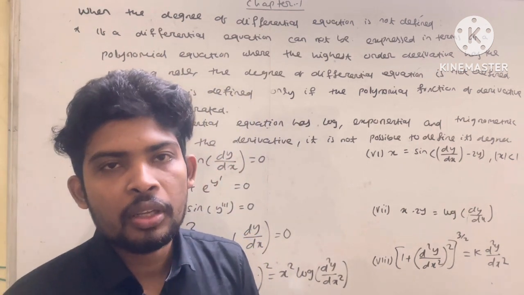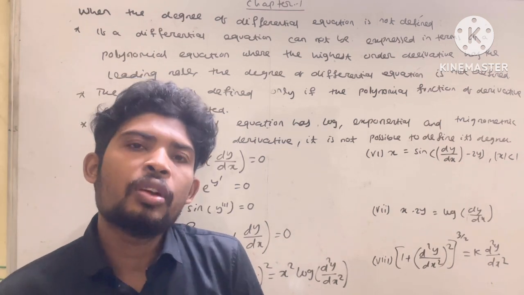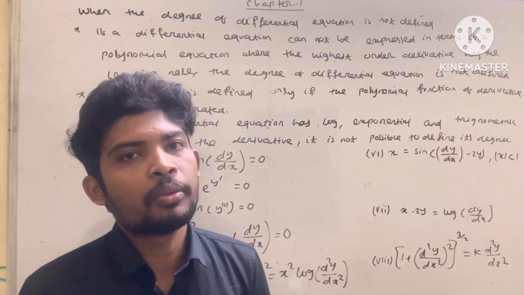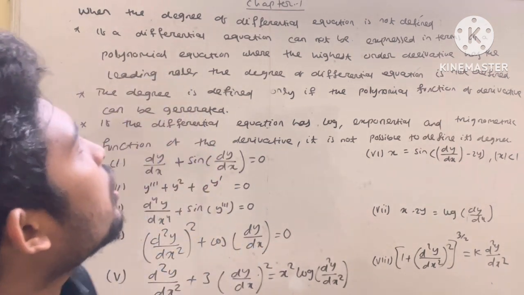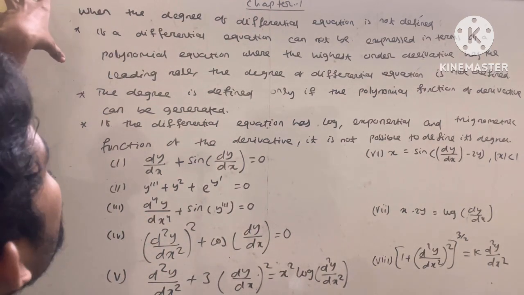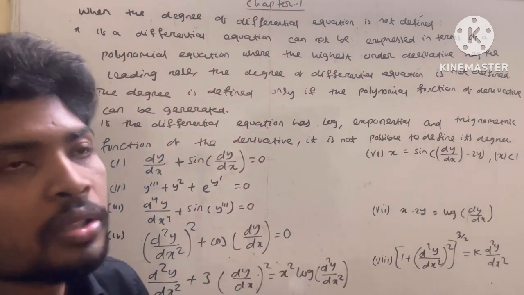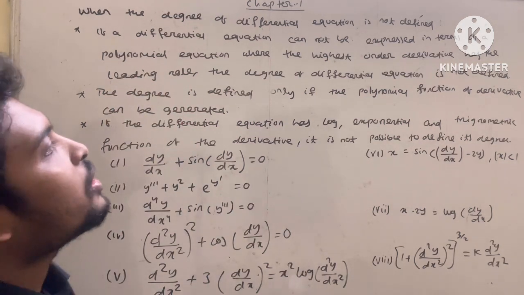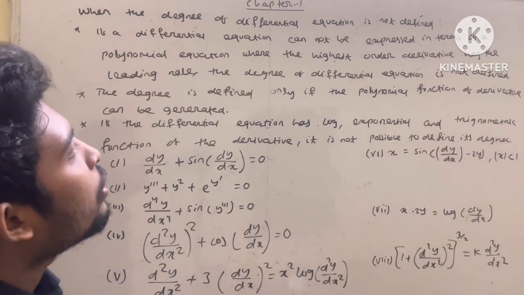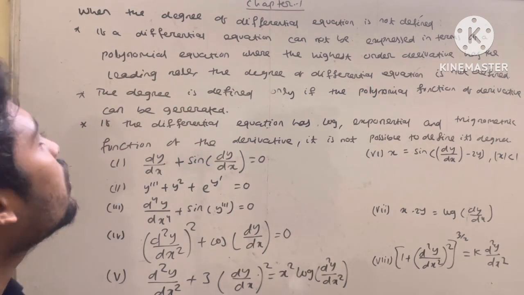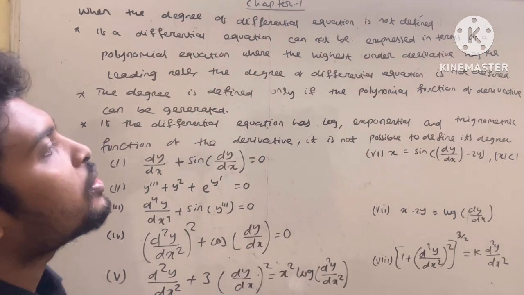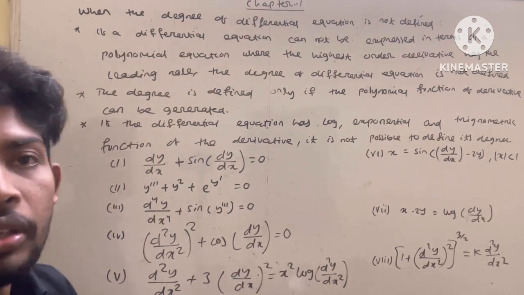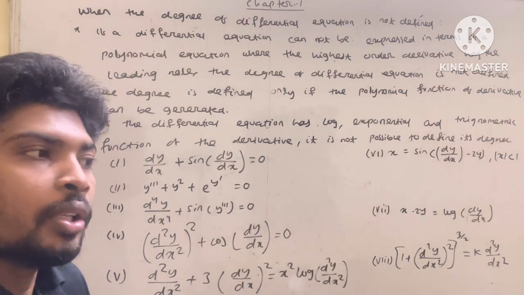Then the next question is where we cannot find the degree of the differential equation. I have written down here when the degree of a differential equation is not defined. If a differential equation cannot be expressed as a polynomial equation in which the highest order derivative has the leading role, the degree is not defined.